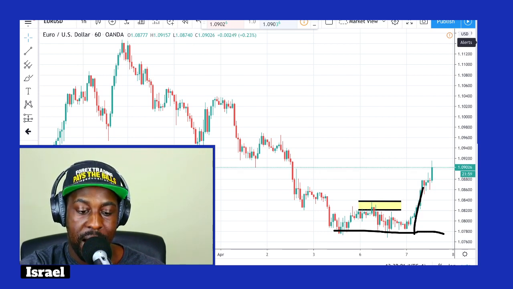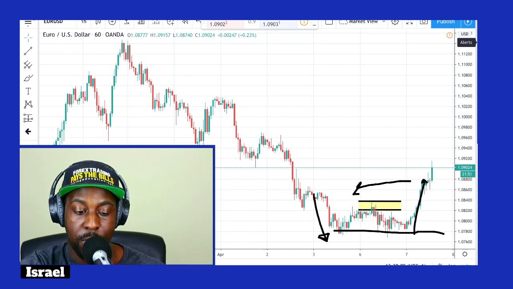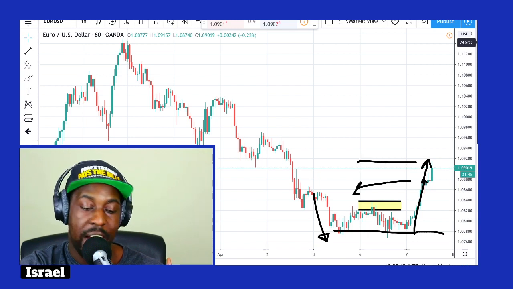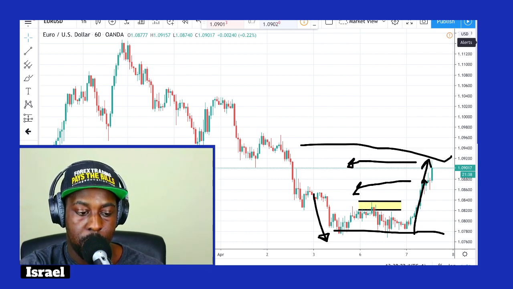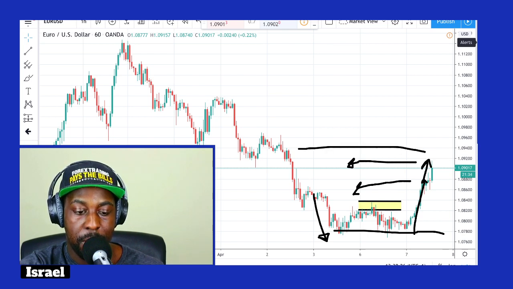Looking left, this was an area previously, the last place where price dropped from. Price has taken out that area as well. So at least for the next 24 hours, I'd be looking left and saying, okay, what's price going to do at this particular region? Is price going to blow through it?